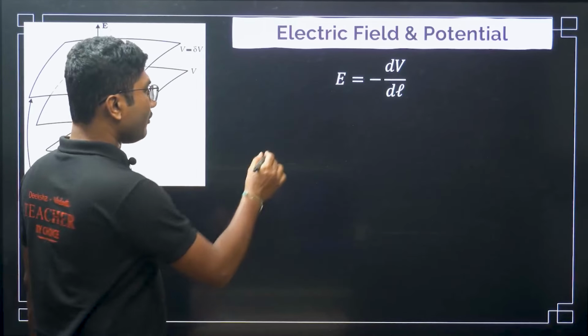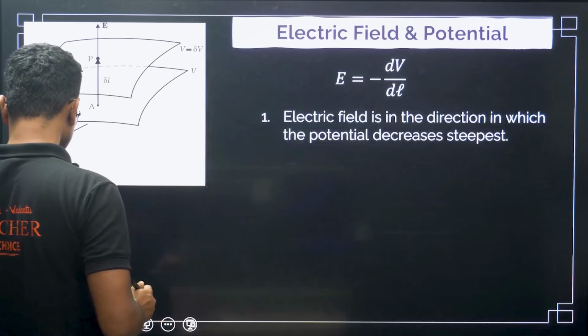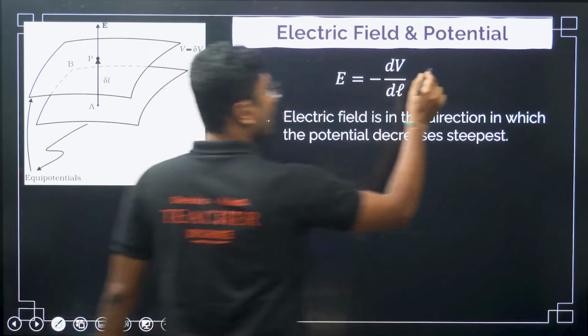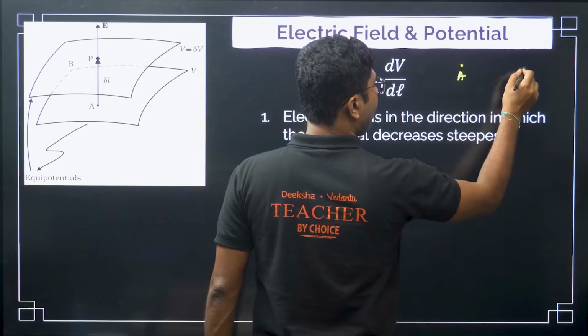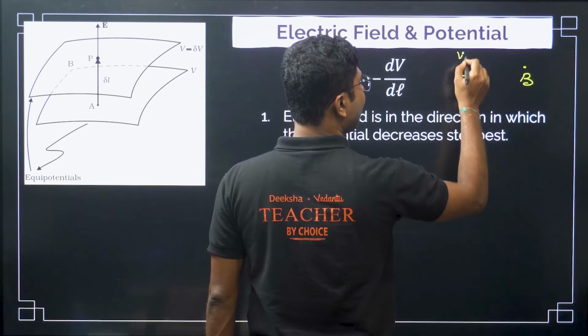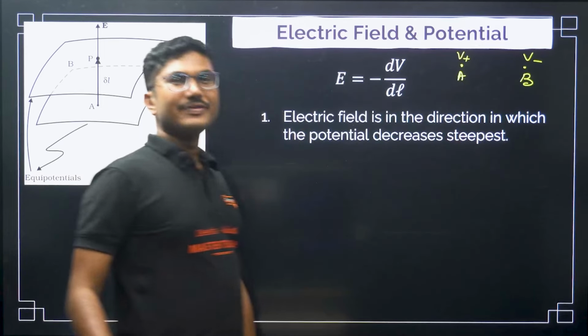So, suppose we have 2 points, A and B. Suppose V is higher here and V is lower here. Negative represents V is lower.